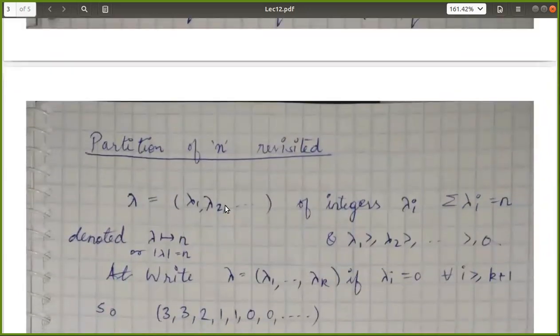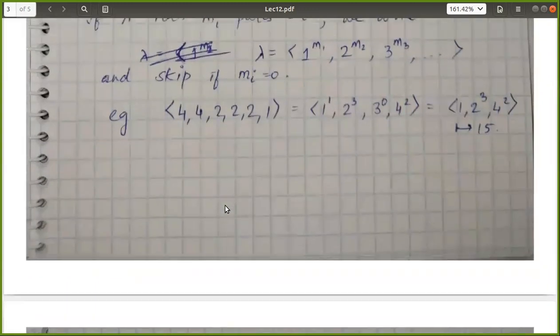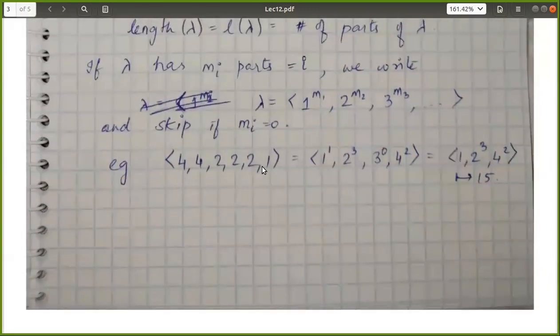this lambda is now rewritten in the form of 1 raised to m1, which was 1, 2 raised to m2, which was 3, 3 raised to m3, which was 0, and 4 raised to m4, which was 2. And now, since 3 raised to 0, don't see this as 1. 3 raised to 0 is not 1 here, because that is not the interpretation.